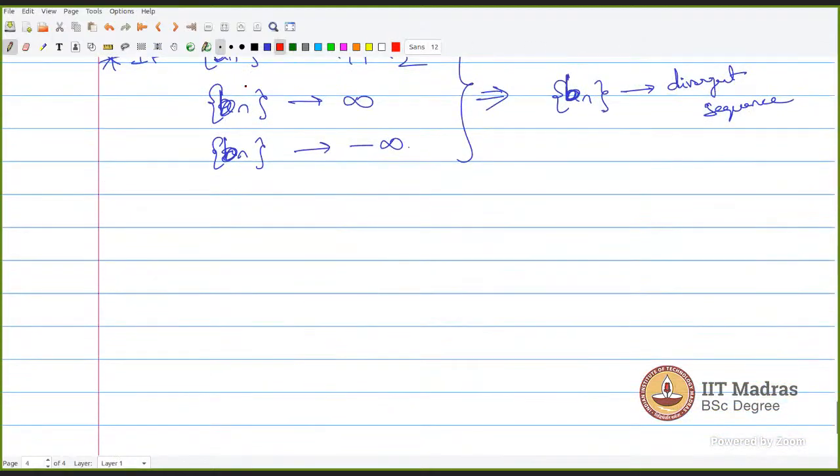Now let us see the examples. The first example is, if I have a sequence 1 by n, tell me whether this is convergent or divergent. Convergent, towards 0. Converges to 0.